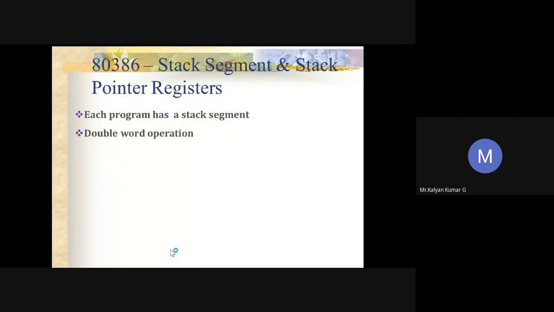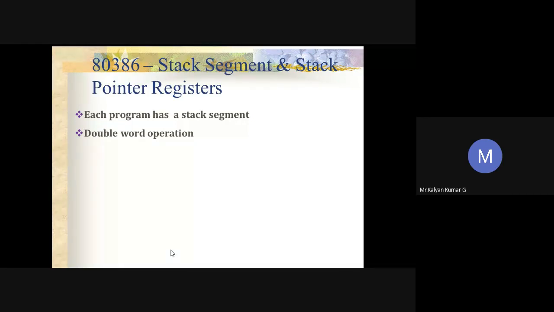Moving on to your stack segment and stack pointer. This is almost the same. Each program will have a stack segment. Even in 8086, the stack goes downwards, and the value of the stack pointer decreases with execution of the push instruction and increases with execution of the pop instruction. The same is the case here in the 80386 processor.